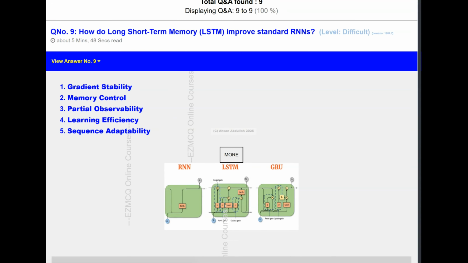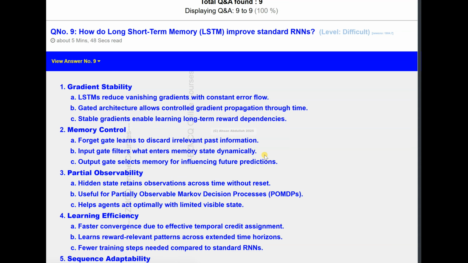Let's go into more details. First thing is the gradient stability. LSTMs overcome the vanishing gradients via controlled memory and gating, which enables them to capture long-term dependencies. Instead of creating a problem, they are useful because they are critical for delayed reward learning in reinforcement learning.